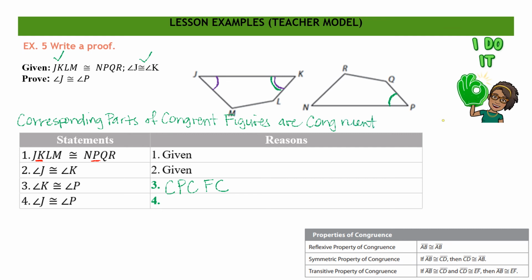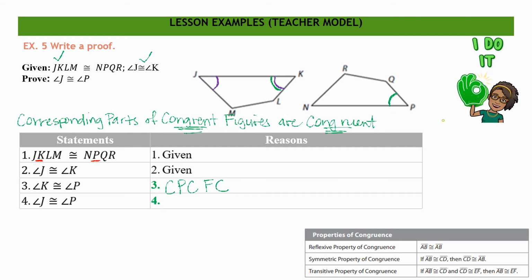So anytime you have congruent figures, their parts are also congruent. Corresponding parts of congruent figures are congruent. So if they're telling me that angle K is congruent to angle P, then that tells me that all the other corresponding parts of that figure are also congruent.